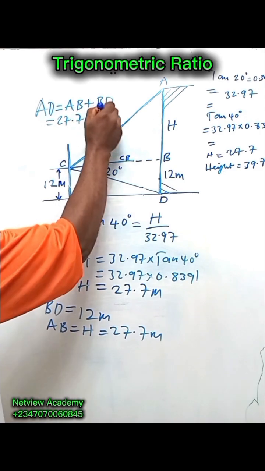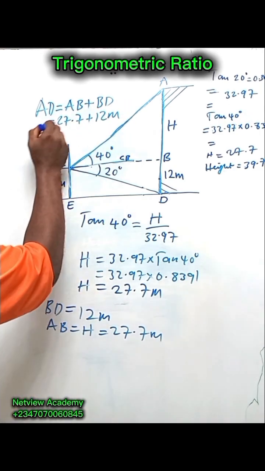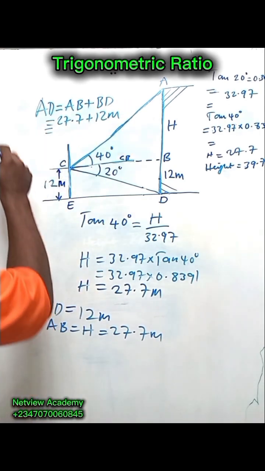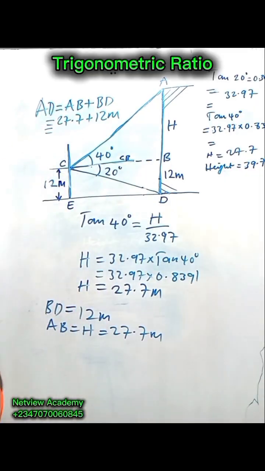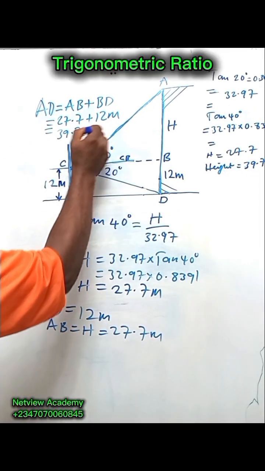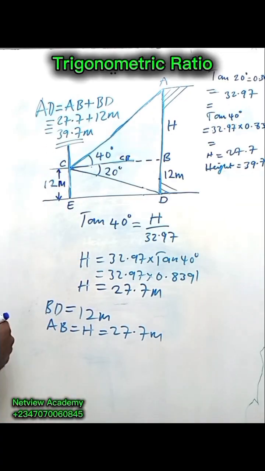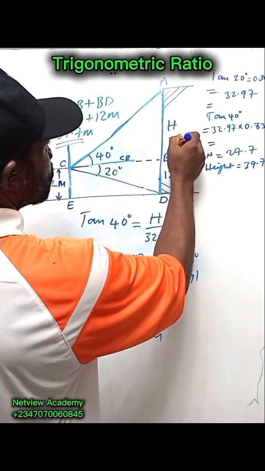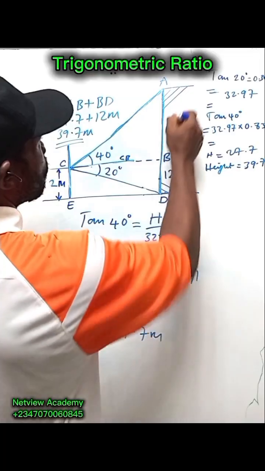BD is 12 meters. Therefore, the height of the building AD is equal to 39.7 meters. 39.7 meters, the height.